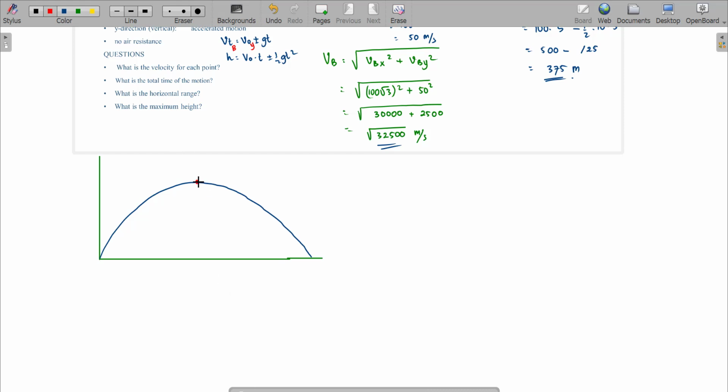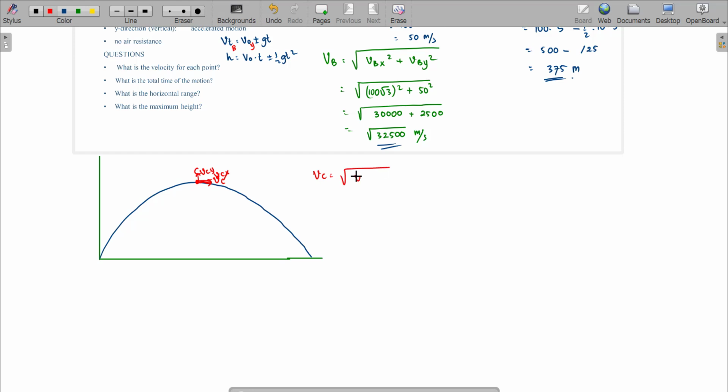Check this out. What do you have in the maximum point? Let's say C point. You have velocity in here, VC, but also you have VC in the y-axis, and also VC in the x-axis as well. Somehow you can make VC like usual again, like before.